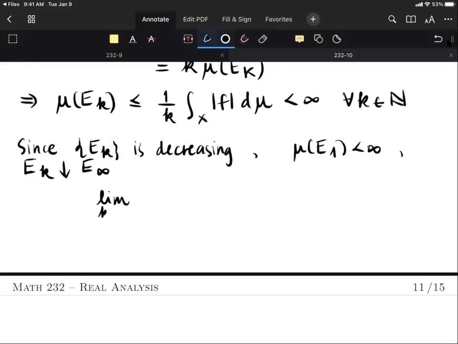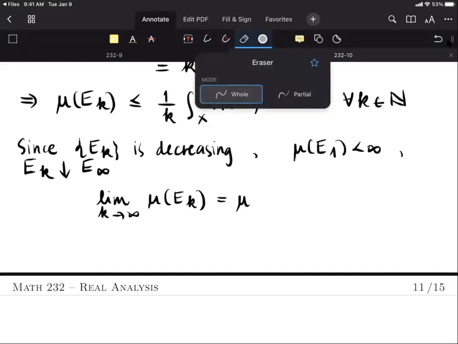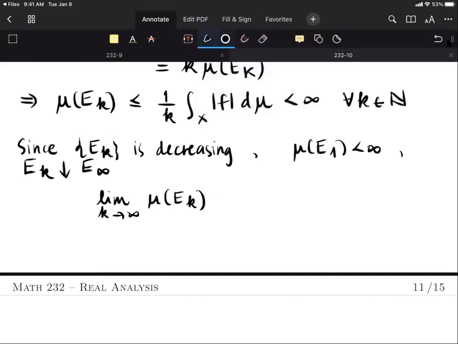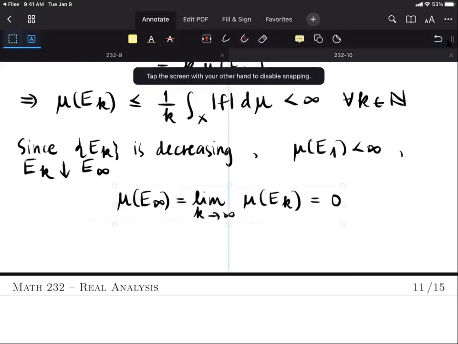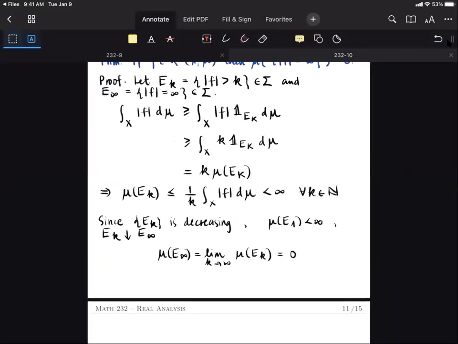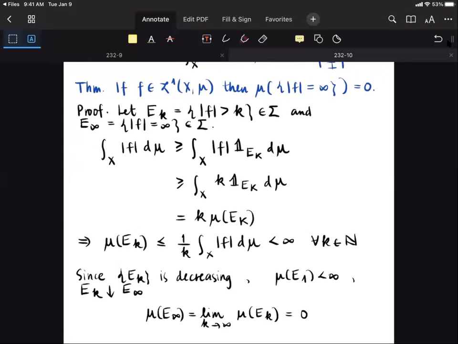We now apply the continuity of the measure to obtain the following. So this one is the same as the measure of E infinity. And as k goes to infinity, this one goes to 0. And that's precisely the statement of the theorem, since this is E infinity.